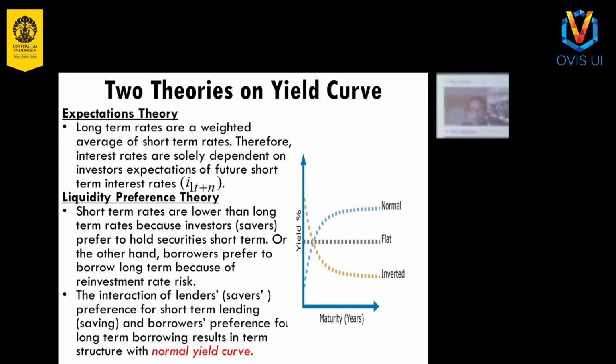That means the market expects that the Indonesian economy will be slowing down in the future, such that Bank Indonesia 10 years from now will have to lower the interest rate, so that the future short-term interest rate will be lower than the short-term interest rate now. And that's why the yield curve has a negative slope. And that's why they call it an inverted yield curve.